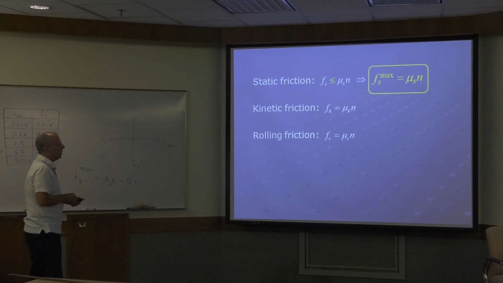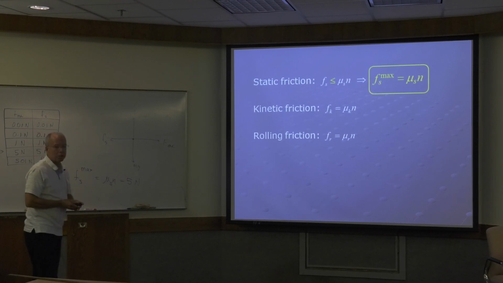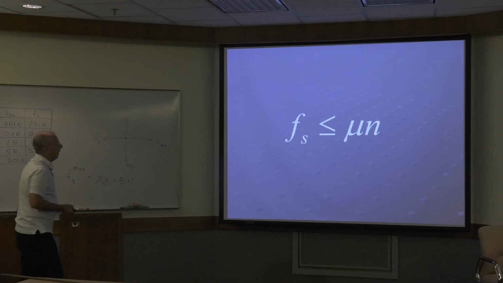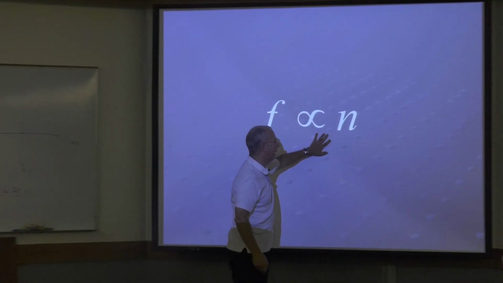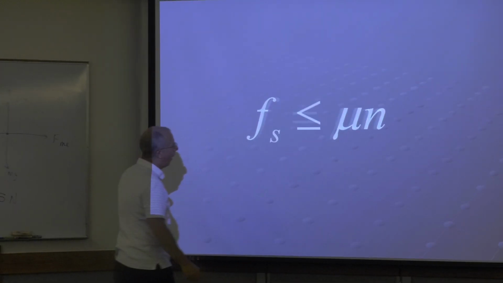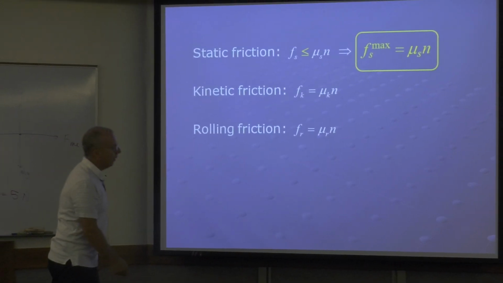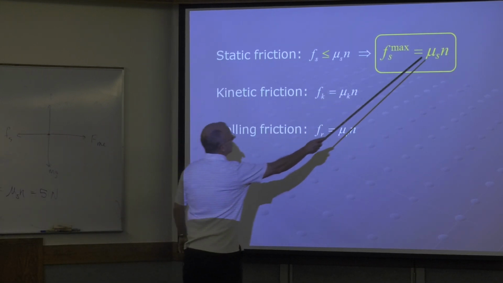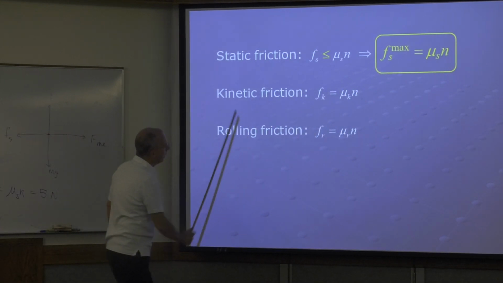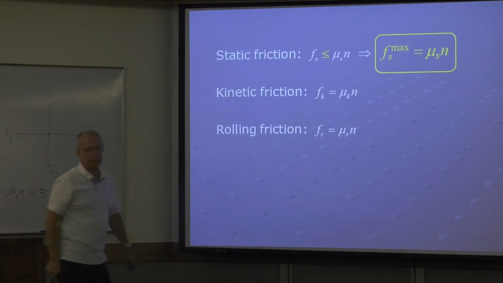All of the frictional forces are proportional to n, but to get it to be an equation with the equal sign, this one has a mu s. This one has a mu k, kinetic. This has a mu r, rolling.